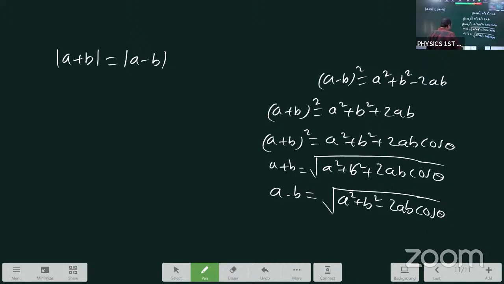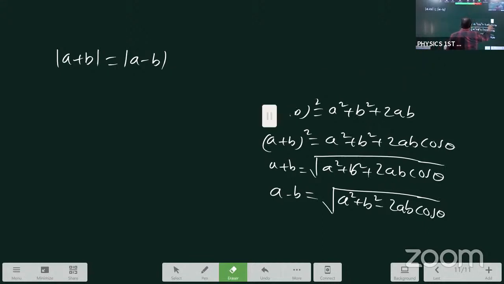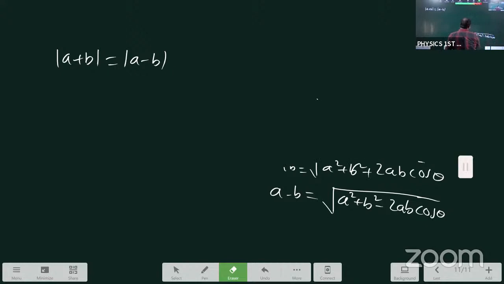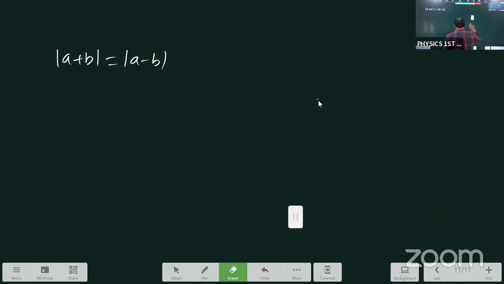So modulus of A plus B equals modulus of A minus B. What is the angle between A and B? You got this question recently in the annual examination, student. One more time, check this very easy, simple problem. Modulus of A plus B is equal to modulus of A minus B. So what is the angle?